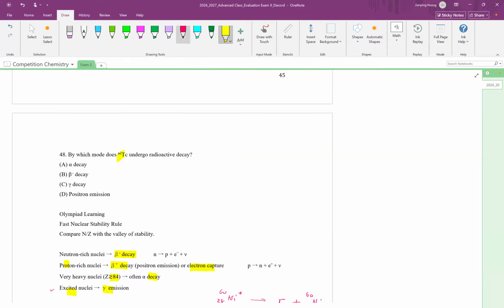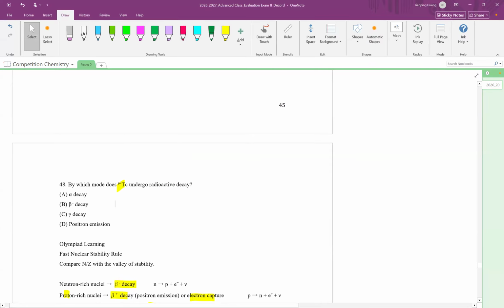There's one question related to chemical kinetics, I forgot if it was part 1 or part 2. You know, Tc has no stable isotopes. Every isotope of Tc is radioactive. Everyone should know this is a famous chemistry fact.